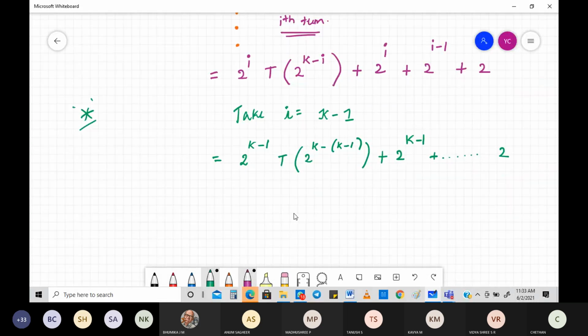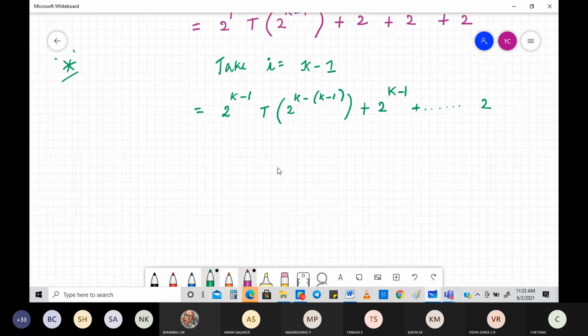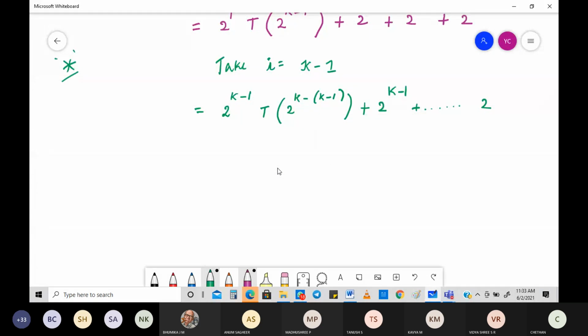What is the next thing? 2 to the power of K minus 1, and be careful here. What is going to happen? T of 2 to the power of K minus K, so the T power of this will not go. Then this will become just 2 to the power of 1. You simplify this, you will easily be able to understand. Plus 2 to the power of K minus 2.